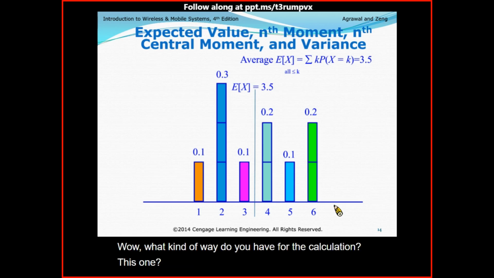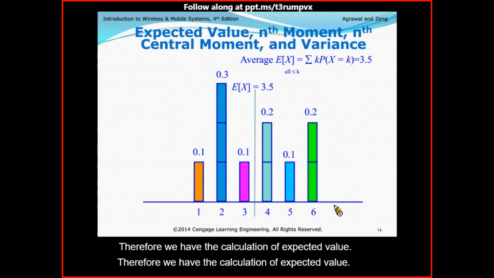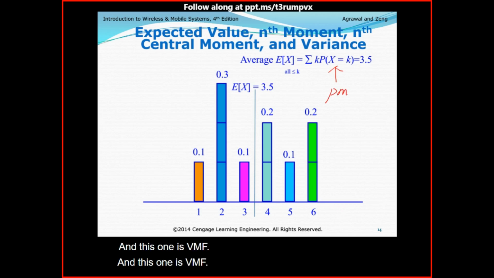Therefore, we have the calculation of expected value. And this one is PMF. All right, so PMF with index K. So of course we have a K outside the PMF.